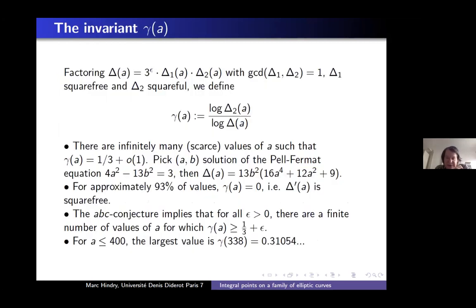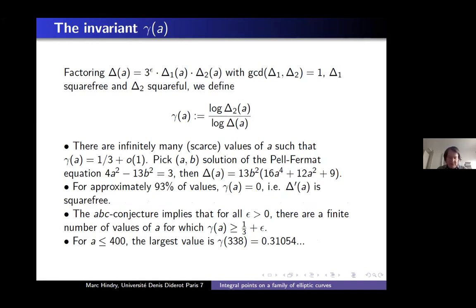So how do we define this invariant? Well, I look at the discriminant. I take away the power of 3. I mean, there's a trivial power of 3, which is 0 if A is not divisible by 3, and the exponent is 3 if 3 divides A. So I take out this. Then I separate the discriminant into 2 parts that are coprime.